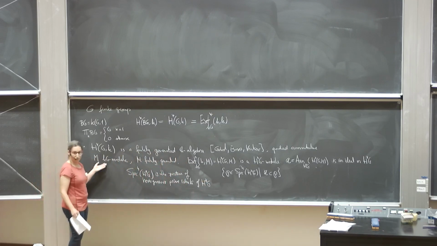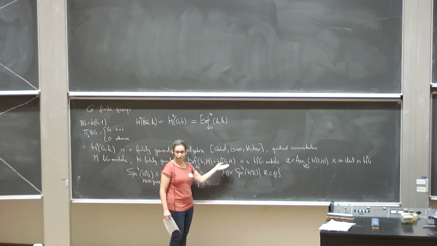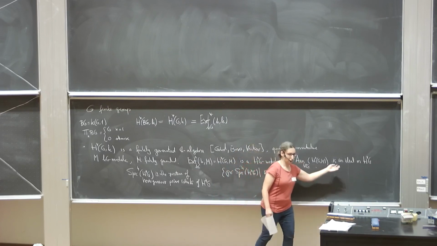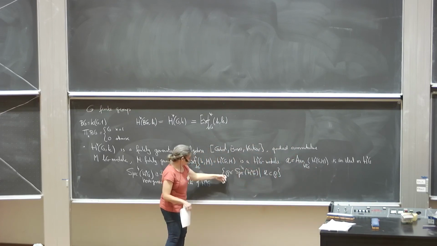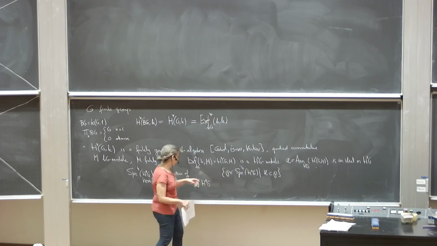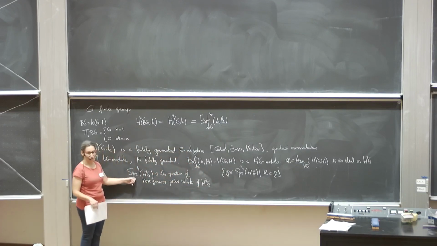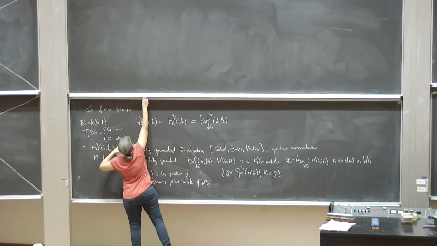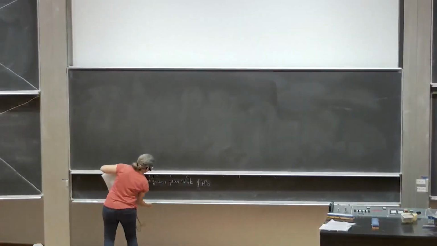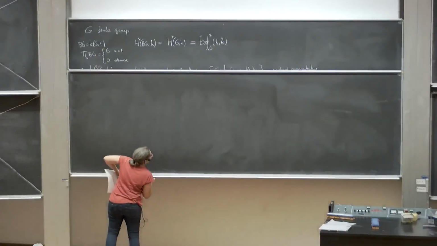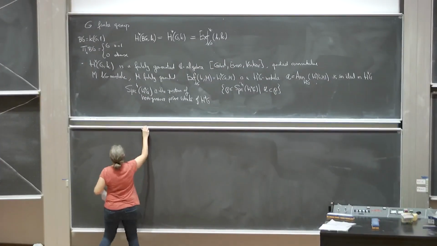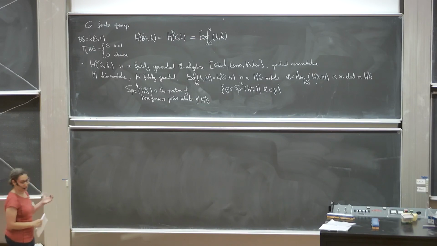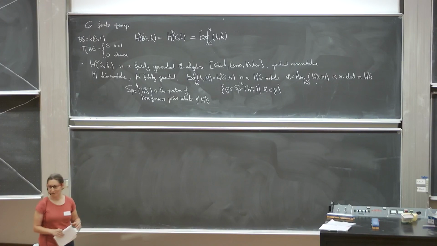So we start with the module. We look at the cohomology with coefficients, and then we look at the annihilator. This is an ideal in the cohomology of G, and we take all prime ideals which contain this one. So this is something which sits inside the spectrum of homogeneous ideals. Right? And then this is what is used to classify thick subcategories in the stable module category of G, right?